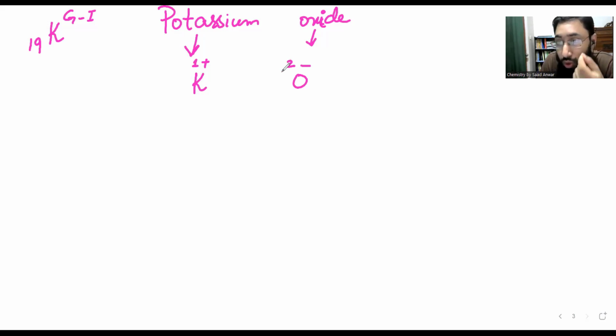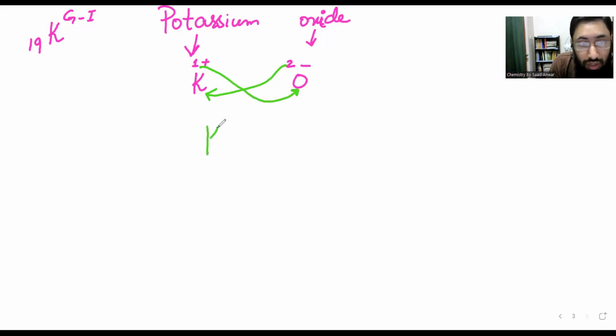We need to do the crossing over method. Write this 2 here and this 1 here, but actually we don't need to write 1. So the final formula will become K2O.